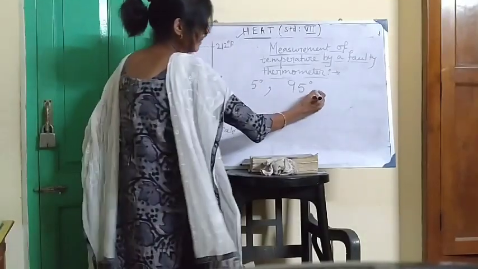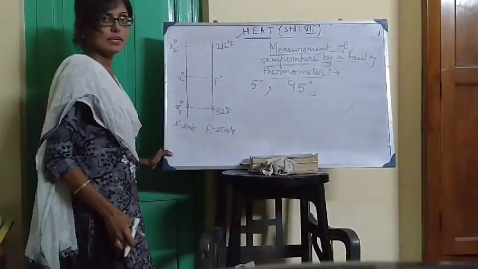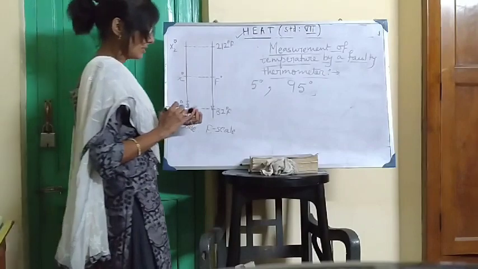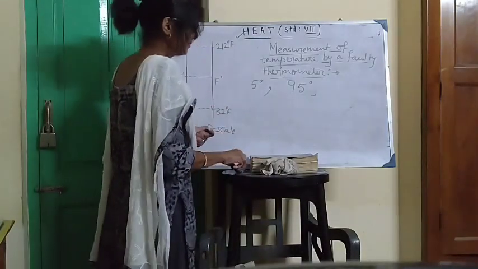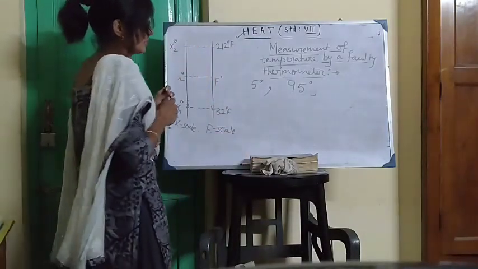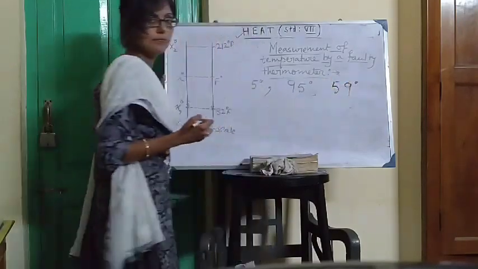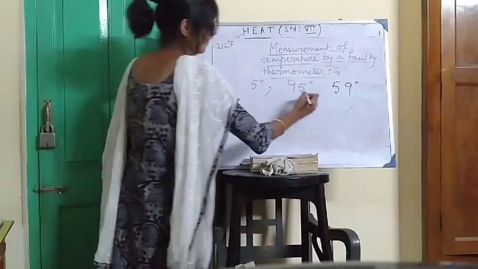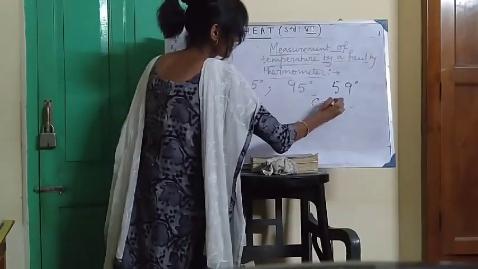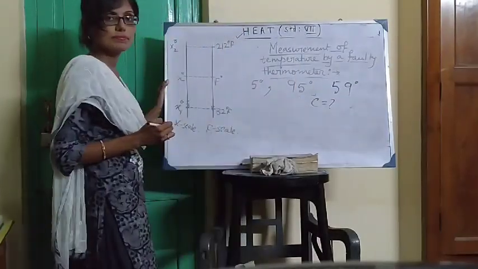Clear? The temperature of the body in the faulty thermometer, suppose that is 59 degree. Okay, find the temperature in Celsius scale. You have to find the value of C.